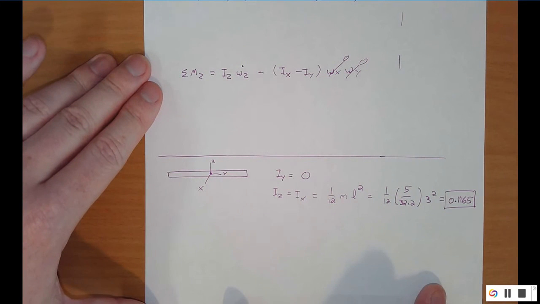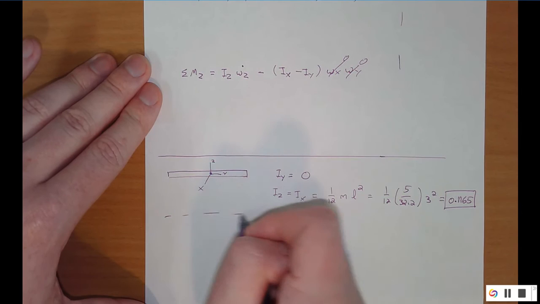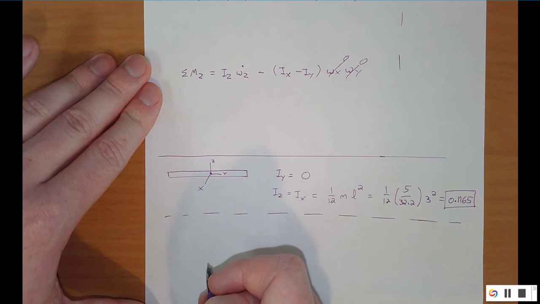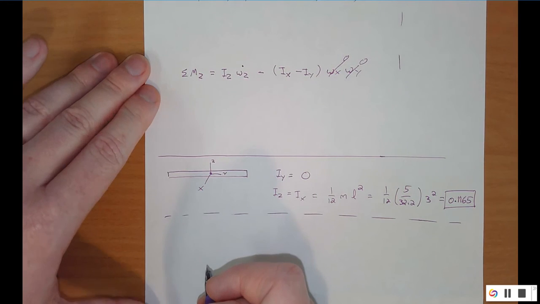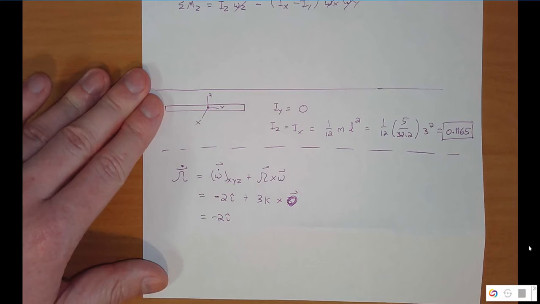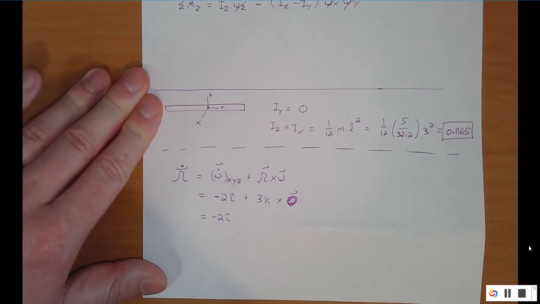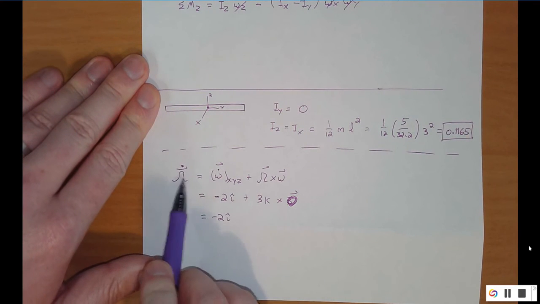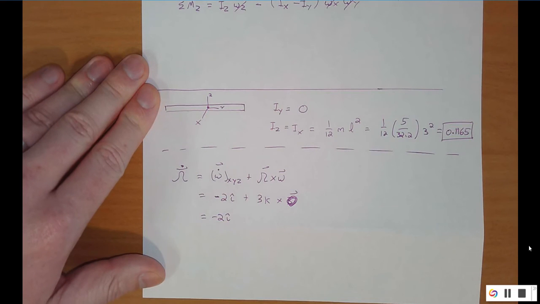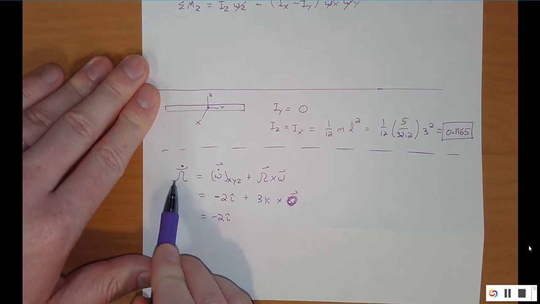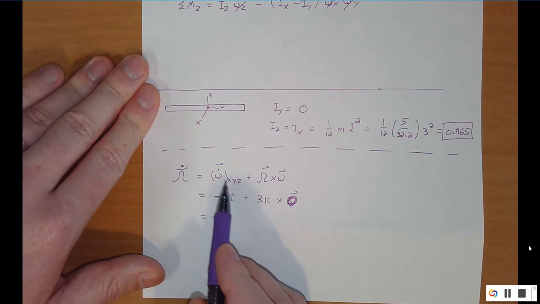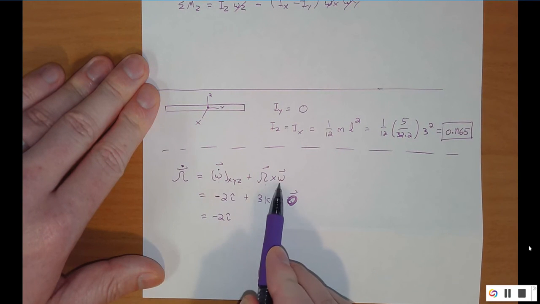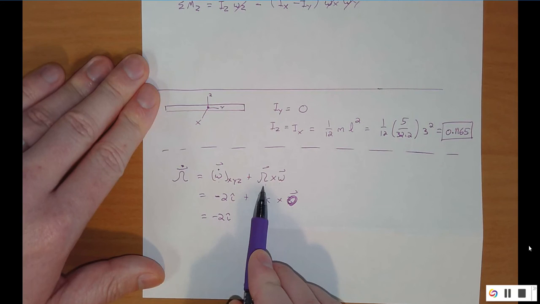Now I need to go find my other pieces. So omega x dot, omega y dot, and omega z dot. Alright, so to find our accelerations, we use this equation. Again, we did this in chapter 20. So big omega dotted, and then local accelerations, and then velocities crossed with the rotation of the coordinate system.